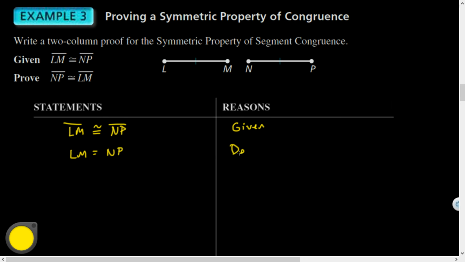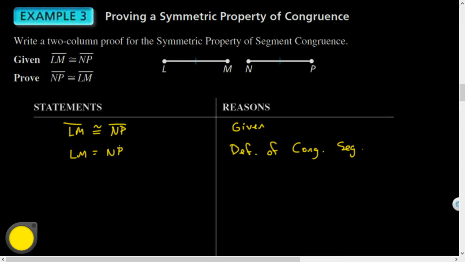Reason: definition of congruence, segments. I'm fine with abbreviating it as def of Cong; you don't even necessarily need to say segments. You say def of Cong, I know what's up.